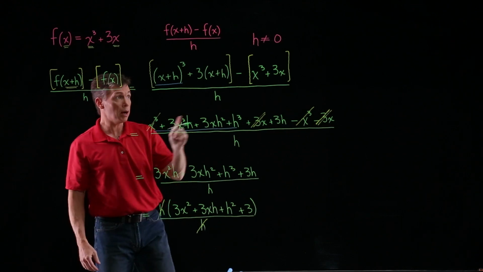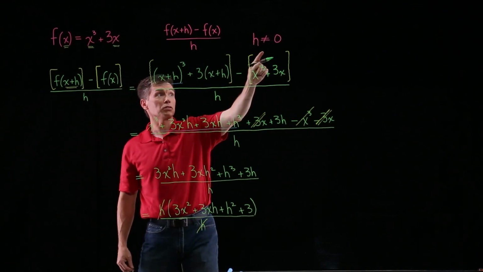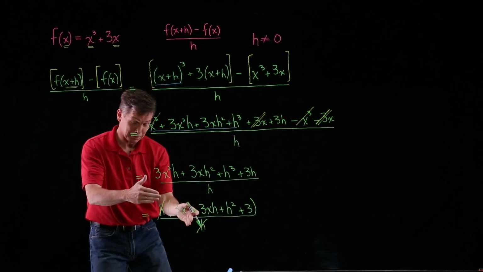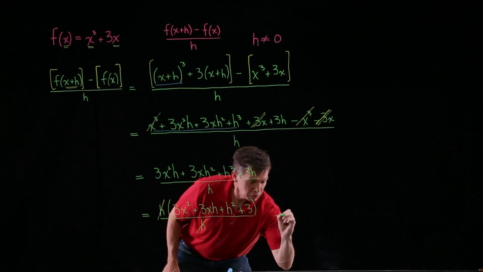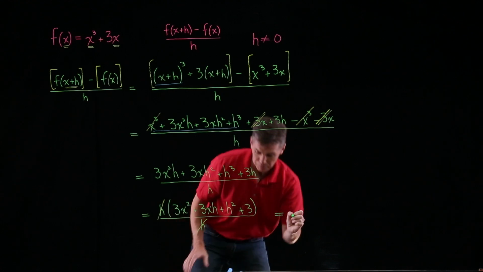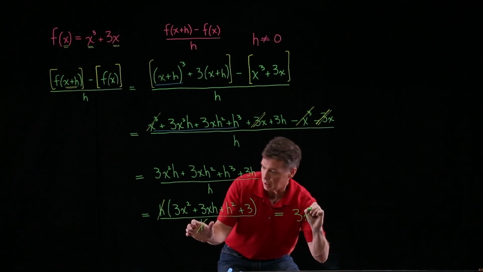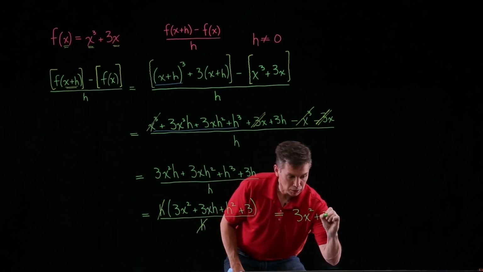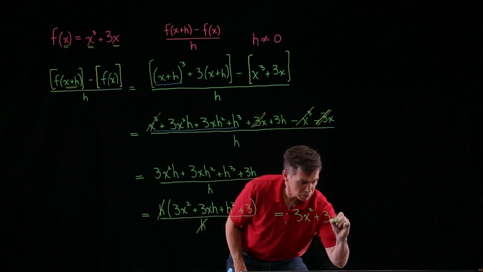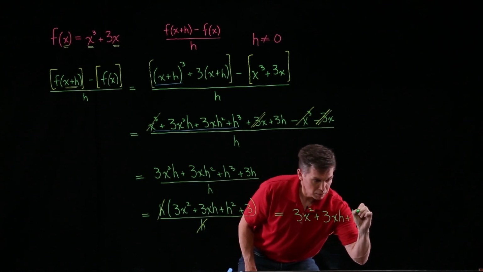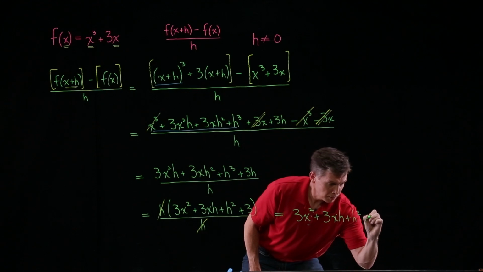Notice at the beginning of the problem, they actually covered that for us. They told us that h does not equal 0. So that's cool. You're allowed to divide, which means we're ready for a final answer here. This equals just what's in the parentheses. 3x squared plus 3xh plus h squared plus 3.